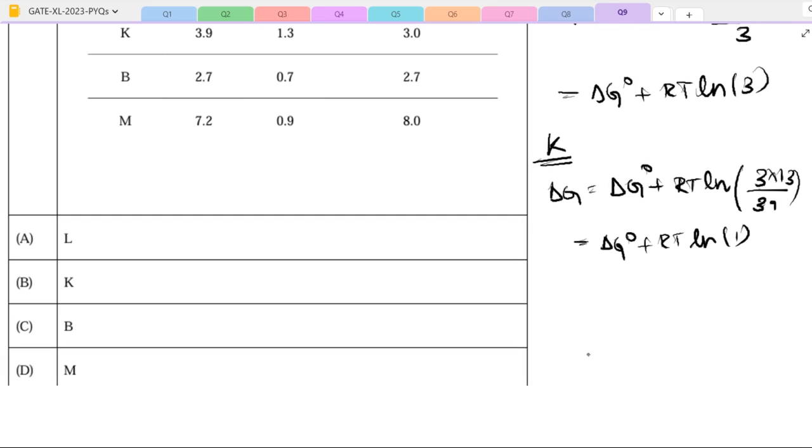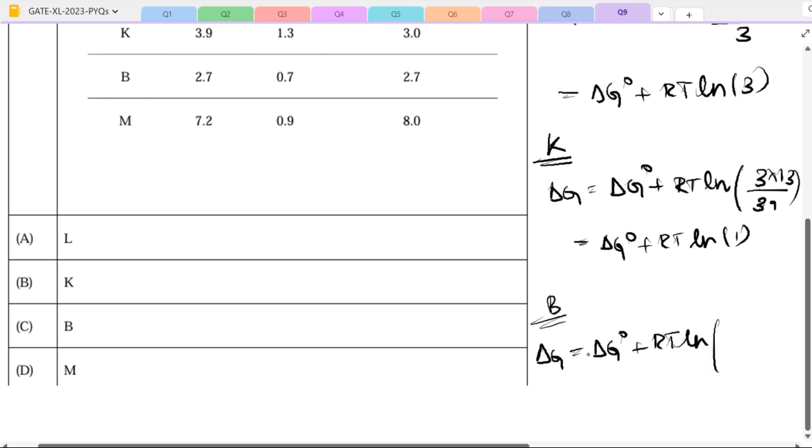Moving on to the next cell type, cell type B. For cell type B, delta G is delta G naught plus RT ln 2.7 into 0.7 divided by 2.7. So that will be delta G naught plus RT ln 0.7.